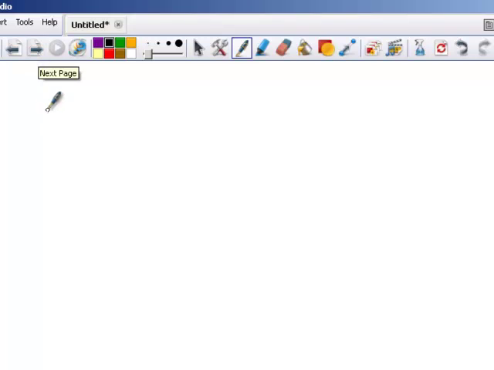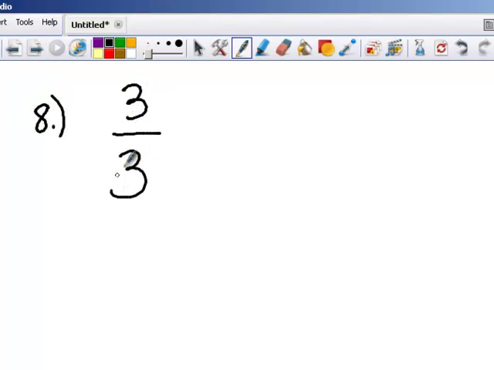All right, number 8. Okay, so we have the same base of a 3. We're going to keep the base, but because we're dividing, we're going to subtract the exponent. So we have a 1 minus 1/4.